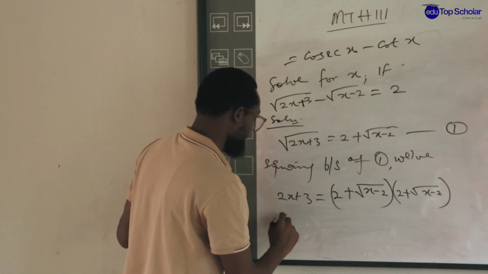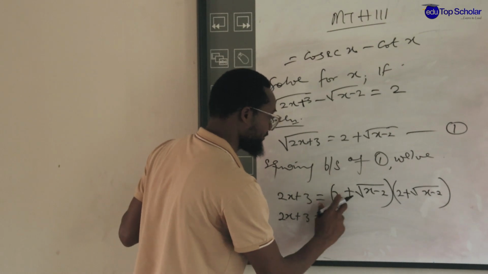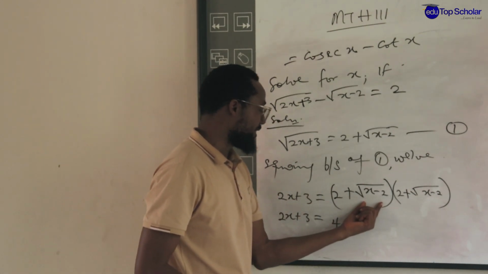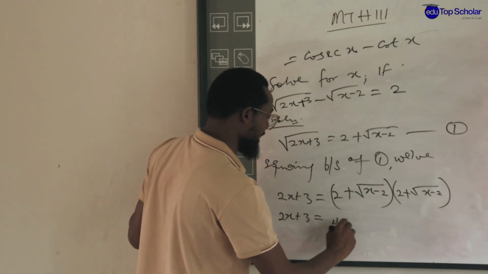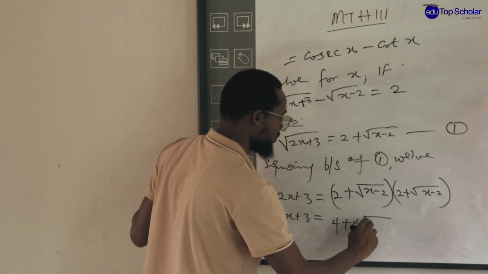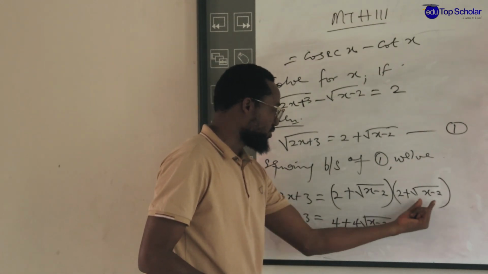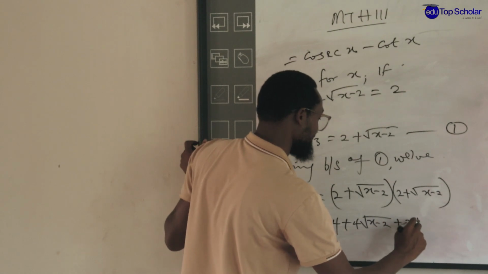Now, 2x plus 3 is equal to 2 by 2, we have 4. 2 by this, we have 2 root x minus 2. This one by 2. So if we add that together, we have 4 root x minus 2. Of course, root x minus 2 by root x minus 2, we have plus x minus 2.